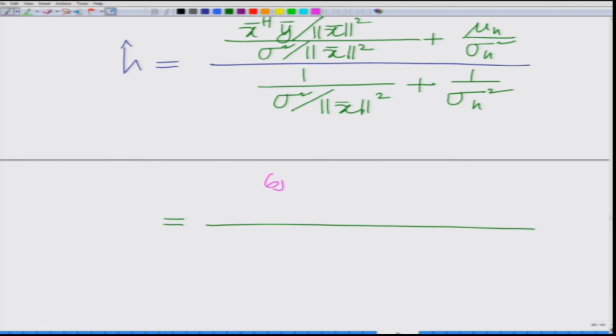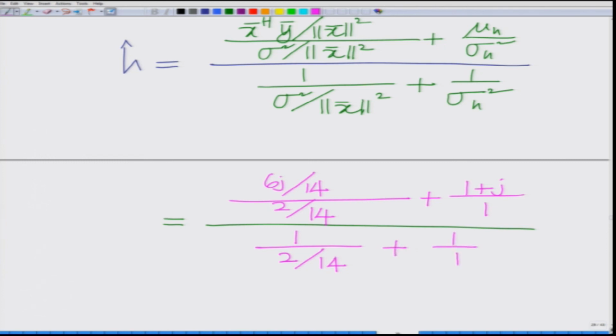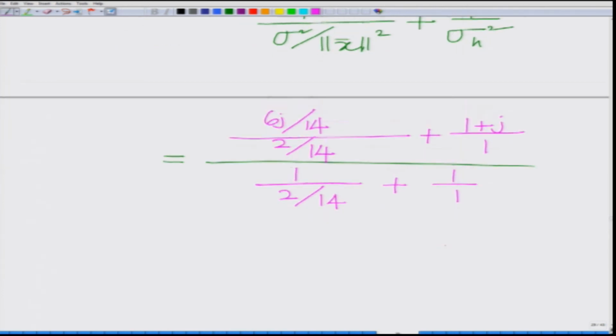This is equal to 6j divided by 14, divided by 2 divided by 14, since sigma square is 2 and norm x bar square is 14, plus mu h, which is 1 plus j, divided by sigma h square, which is 1, divided by sigma square over norm x bar square, that is 14, plus 1 divided by 1, that is sigma h square.